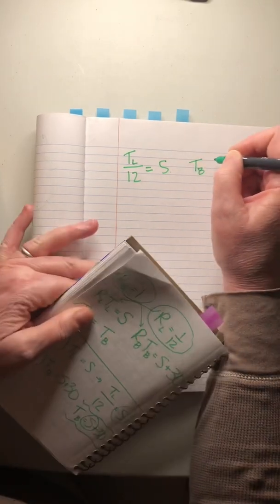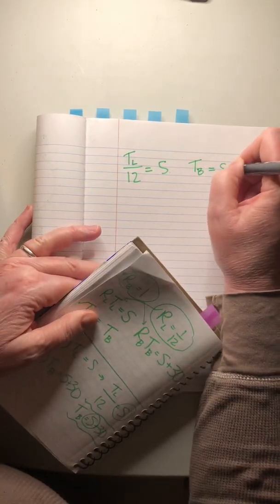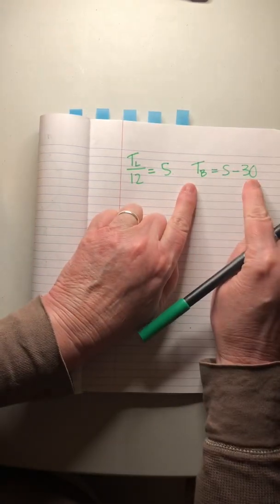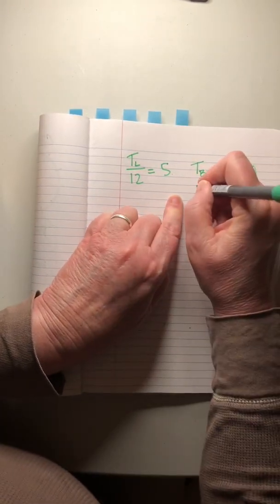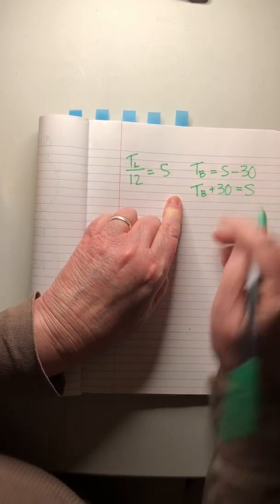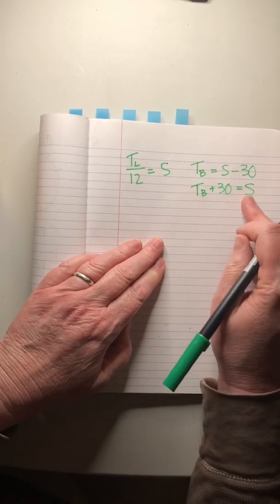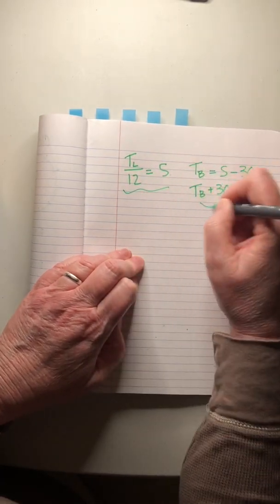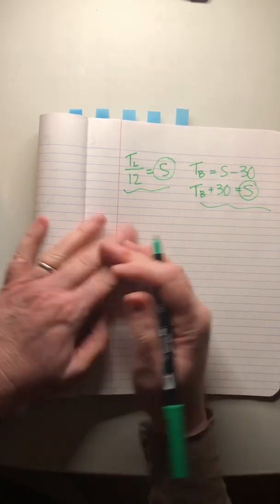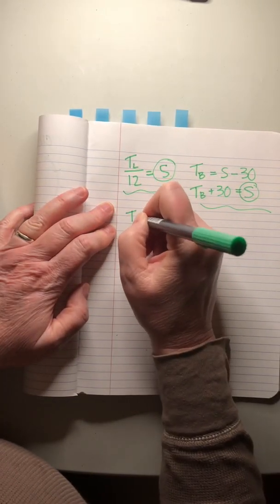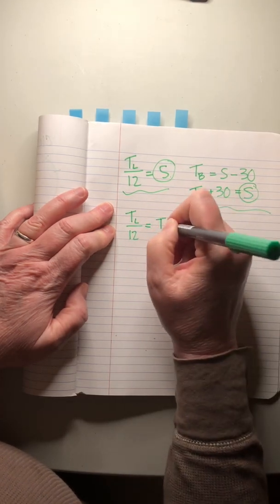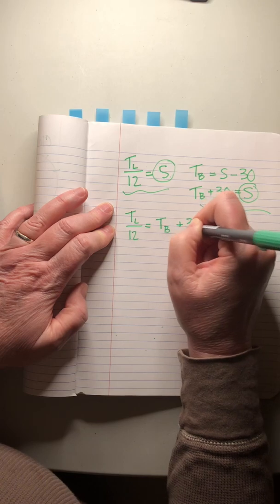TB equals S minus 30. Now, just playing algebra games, I'm going to add 30 to the other side. So TB plus 30 equals S, right? I just rearranged it. Now, look at these two. They're both equal to S. So now I can bring them together and say TL over 12 equals TB plus 30.